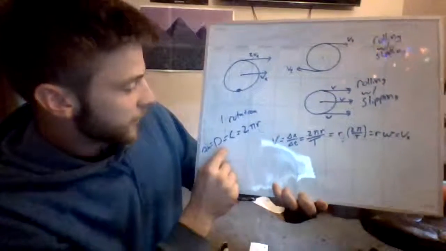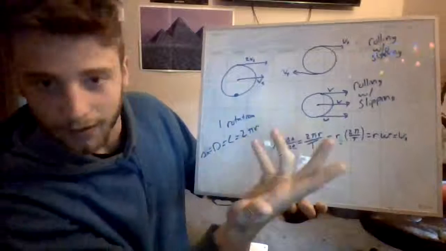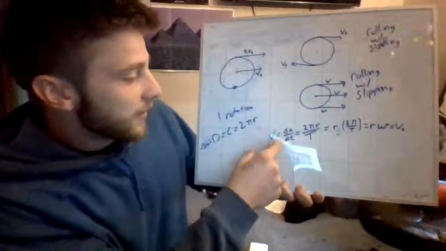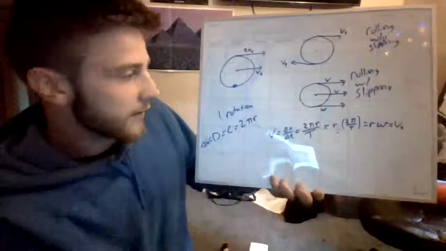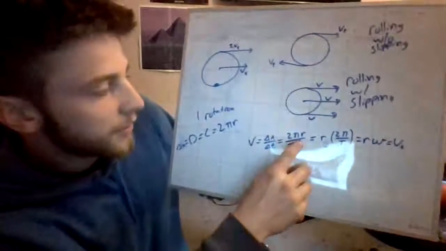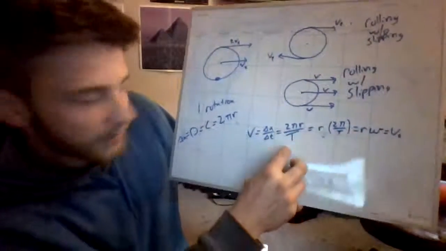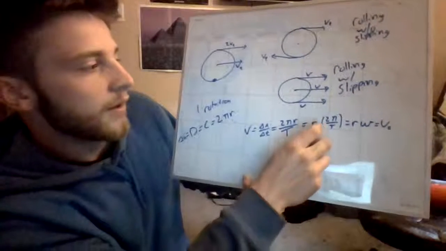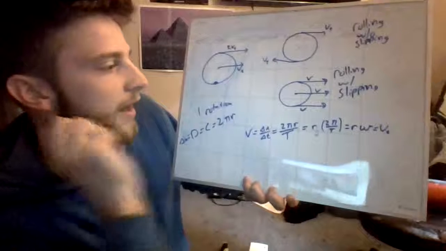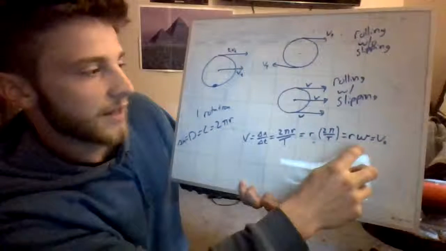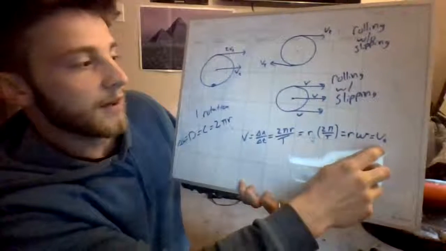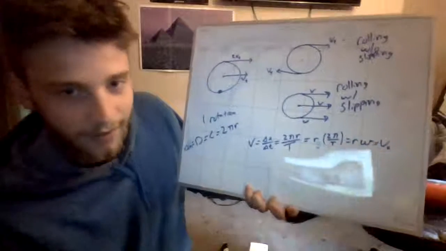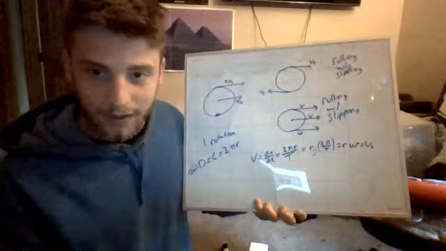So your distance traveled, your delta x, should be 2 pi r, the equation of circumference. So your velocity would be delta x over delta t, which would be equal to 2 pi r over the period. And if you rearrange that, you can do r times 2 pi over the period, and that is actually equal to angular velocity. So your final translational speed would be r times omega. So this is the numbers way to go about things.